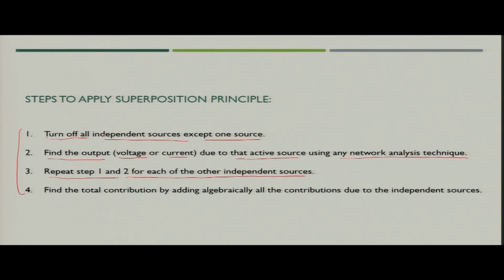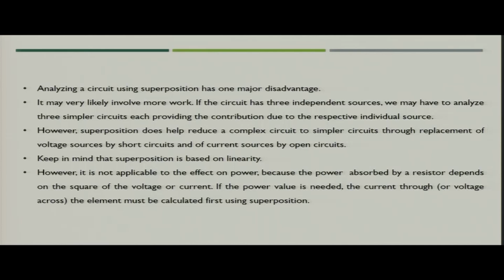So, these two steps would be repeated for other independent sources taken one at a time. Then find the total contribution by adding them algebraically, so that you get the contribution of all the independent sources. So, these 4 steps are utilized to apply the superposition theorem and find the circuit variables.